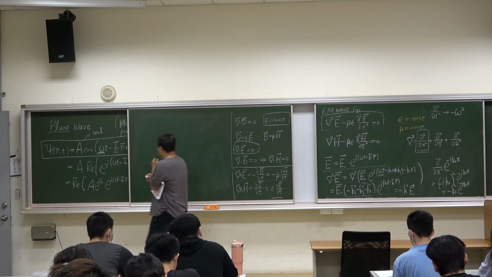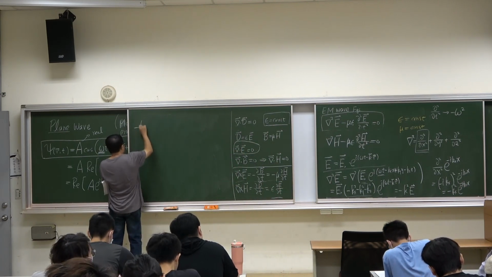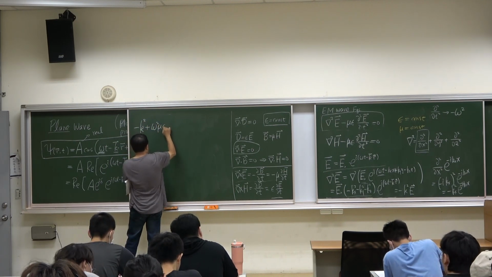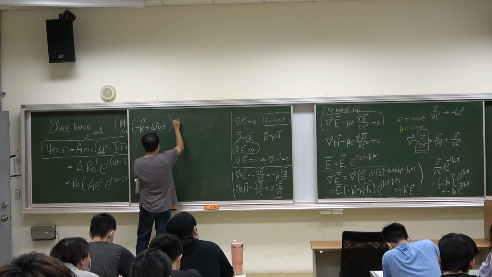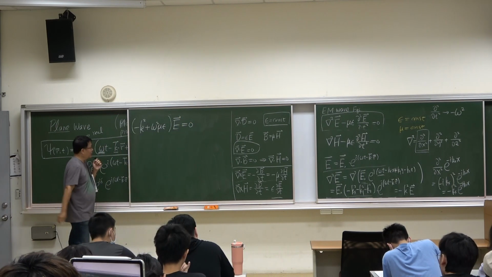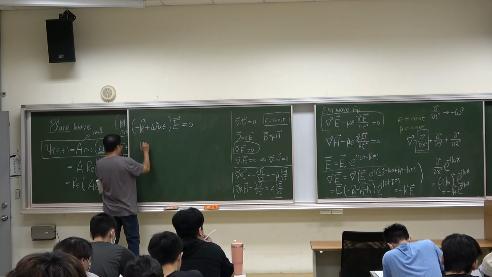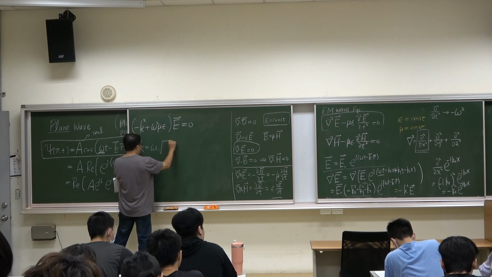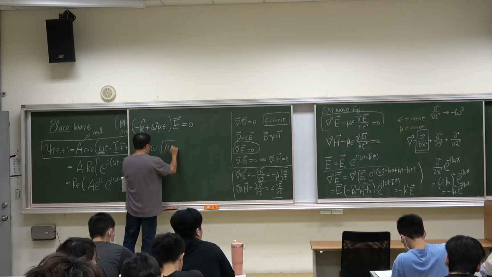Finally you have this relation: minus k squared plus omega squared mu epsilon times E equal to 0. So this means that k is omega square root mu epsilon.